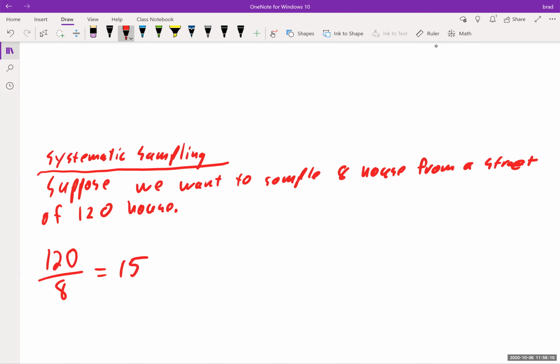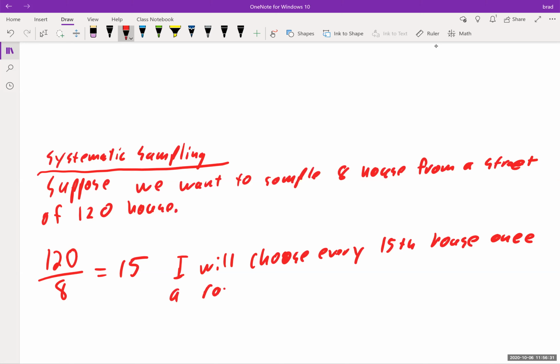So what I'm going to do now is I will choose every 15th house once a random starting point is chosen.